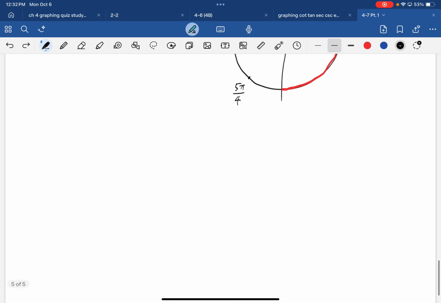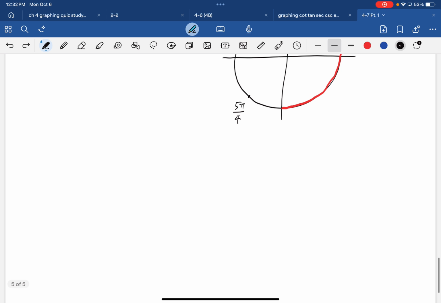Okay, so what might be helpful is this little picture that I'm going to draw that really shows you the possible domains, okay? So arcsine can only be in quadrants 1 and 4. So to draw that, that might look something like this. Okay, so quadrants 1 and 4 only.